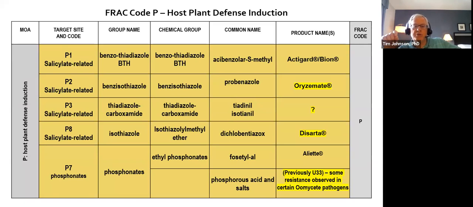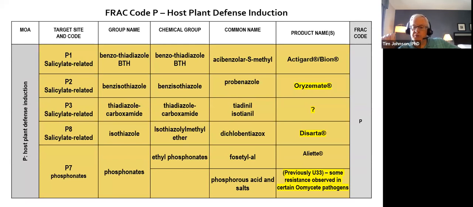The active ingredients in P2, P3, and P8 are all somewhat chemically related. These three actives are not sold in the US as far as I can ascertain. They were all discovered by Asian-based companies and are used on rice production, so they've never been brought over to the US.